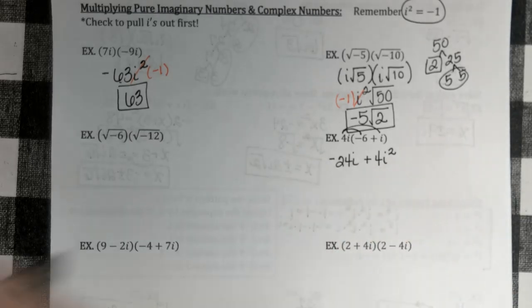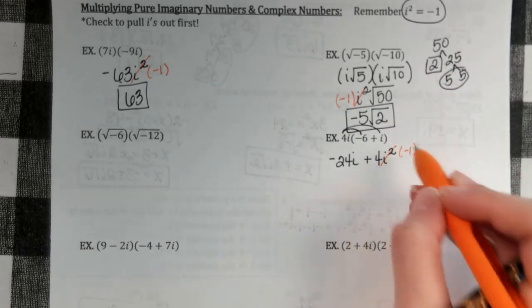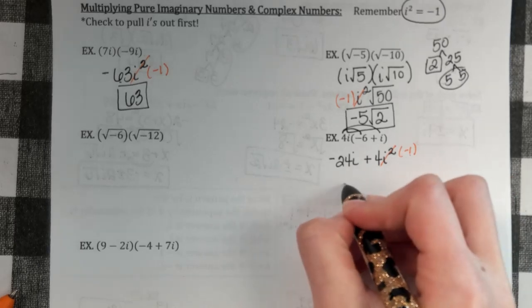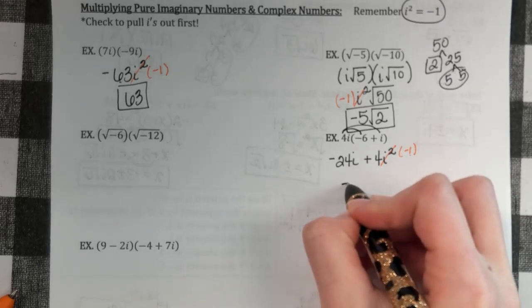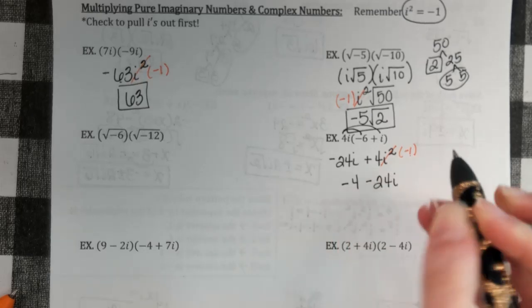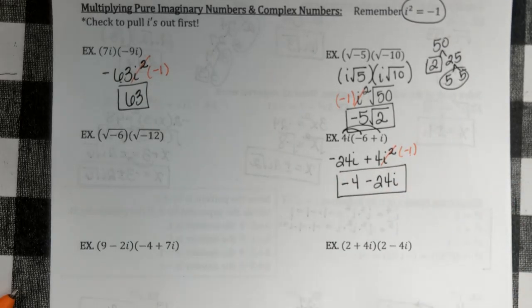That i squared is a negative 1. So 4 times negative 1 is what? Negative 4. I need to write my real part first. So negative 4 minus 24i. All that i squared does is change the sign of that term. Okay?